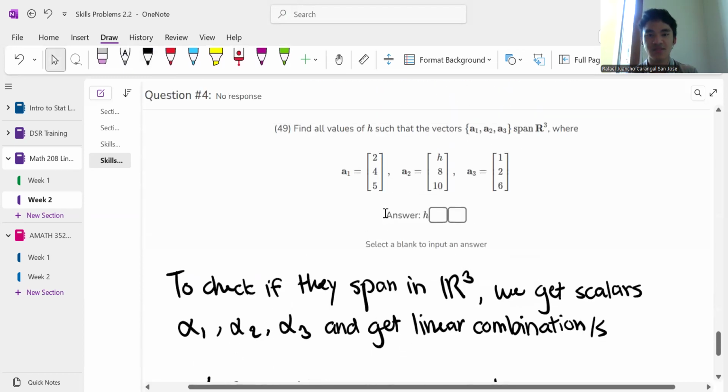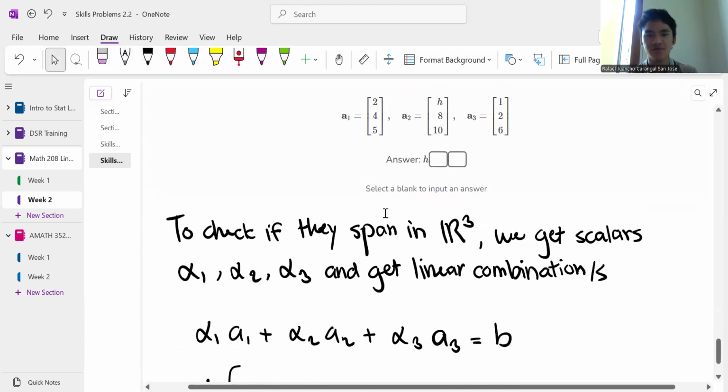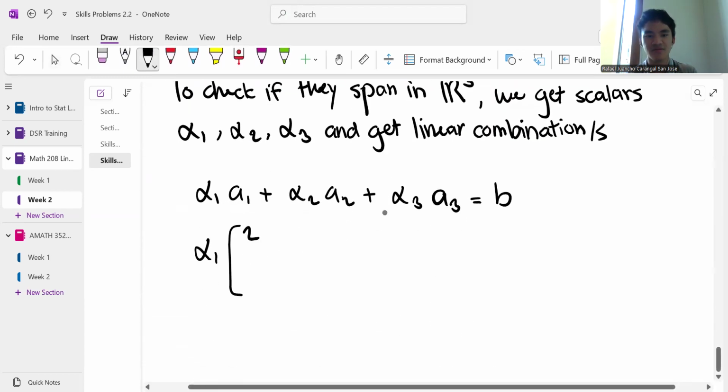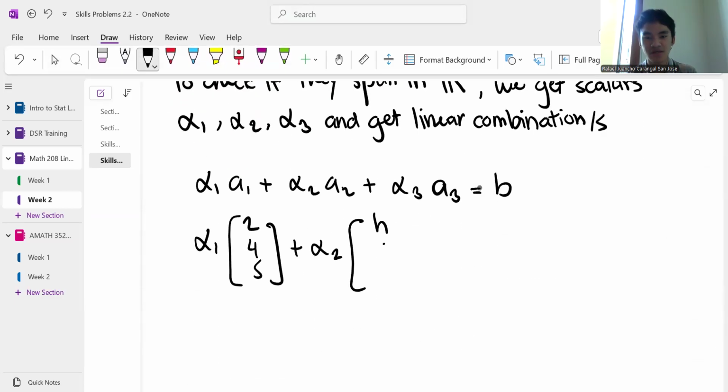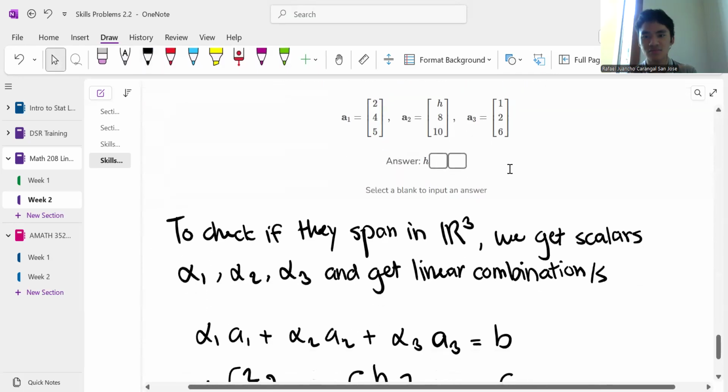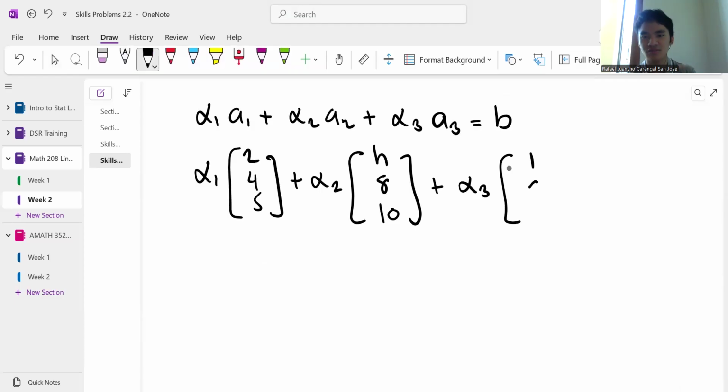So alpha sub 1 times the A1 vector, 2, 4, 5. So basically similar to what we've been doing. Here we put the H, 8 and 10, 1, 2, and 6. Now my B vector, let's just do subs. So B sub 1, B sub 2, and 3.